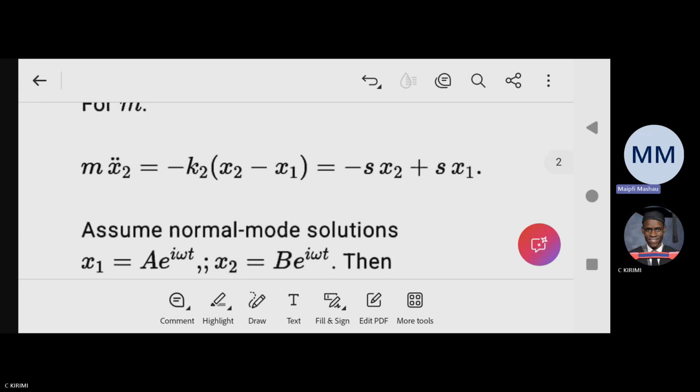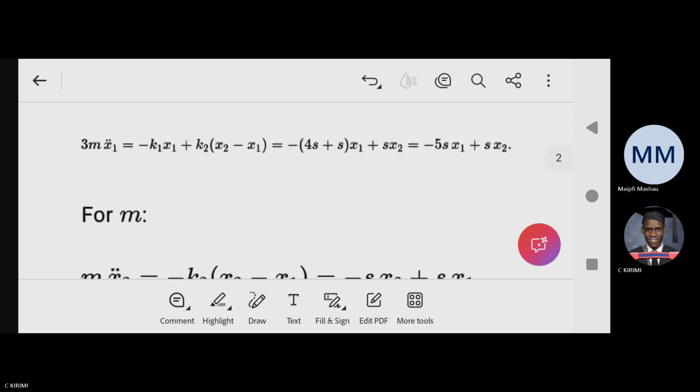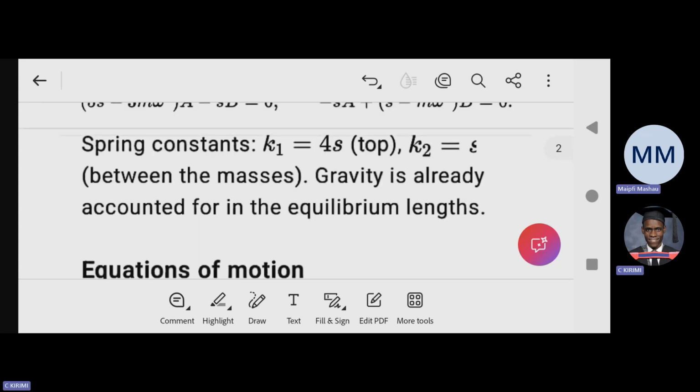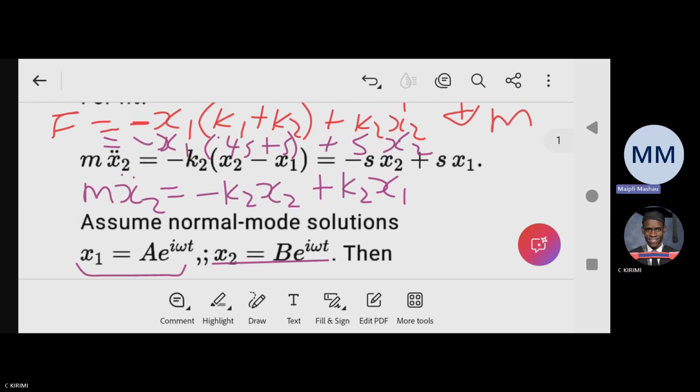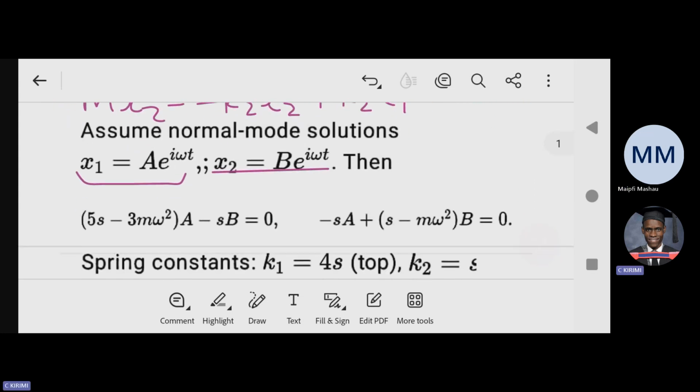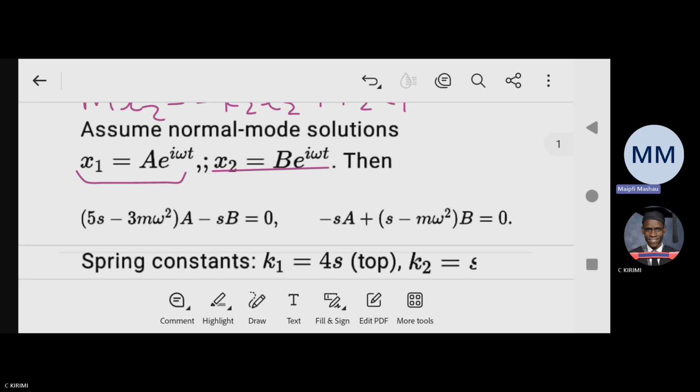Where now you are done with the equation, where you are replacing just below the x1 equals and the x2, just below that. I saw you wrote 3m and then the other one you wrote m. Yes, just move a bit down, there where you are going to equate it.